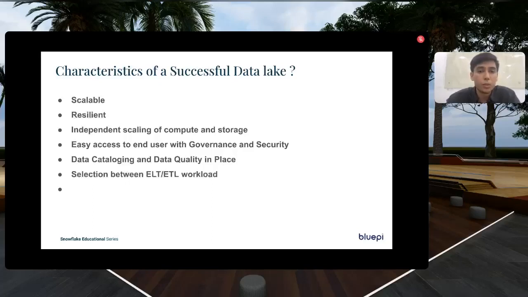So governance and security is a very important aspect while you are making a data lake architecture for your organization. And this is one of the points which was missing in the blob data lake architecture.